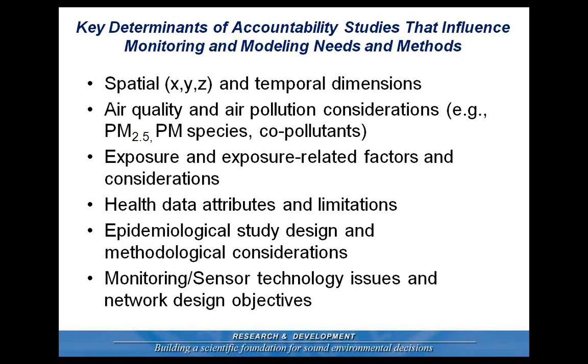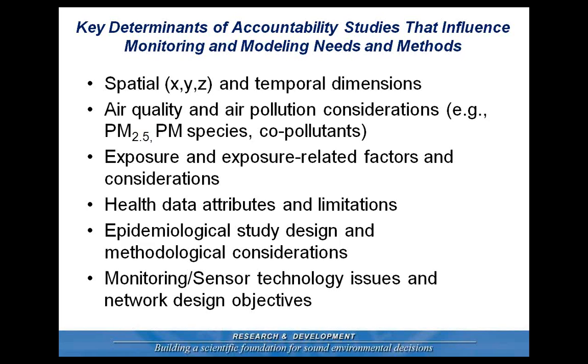And then the temporal dimensions: acute versus long-term effects due to short-term versus long-term exposure situations. As Neil Frank just mentioned very correctly, because of the reductions taking place now at the regional levels of PM2.5, we are seeing the local source contributions becoming important.